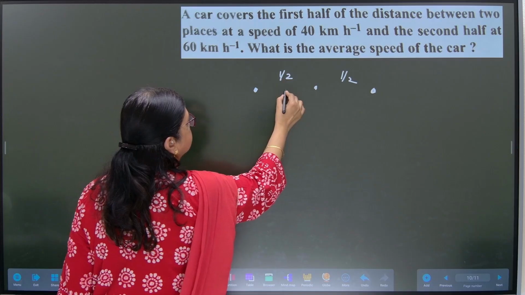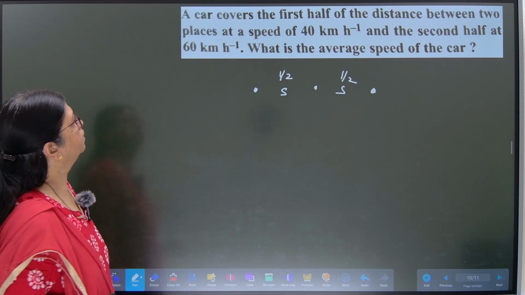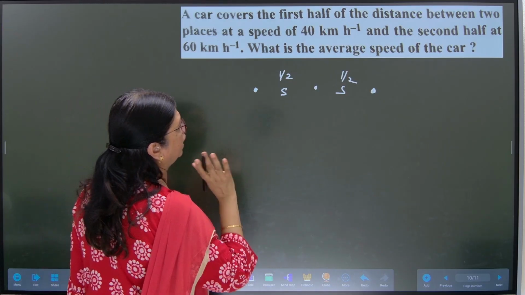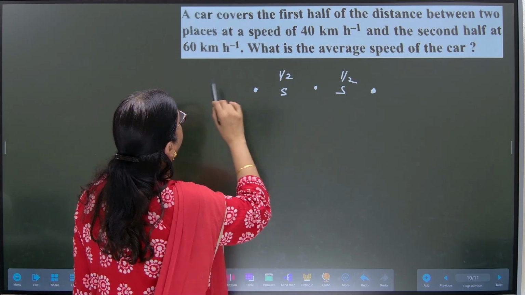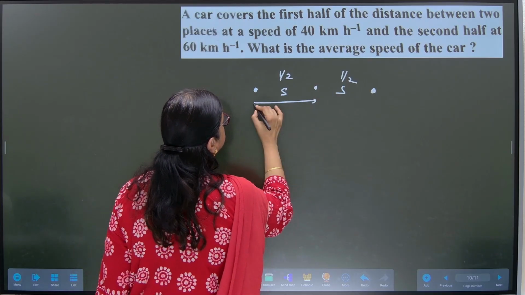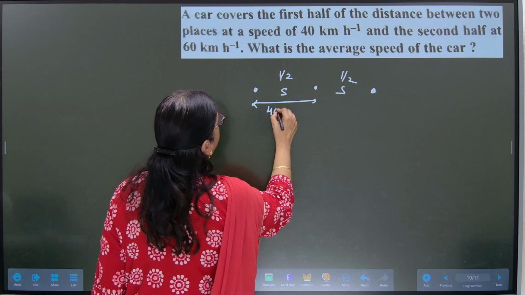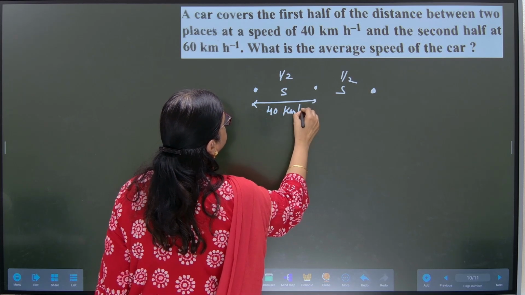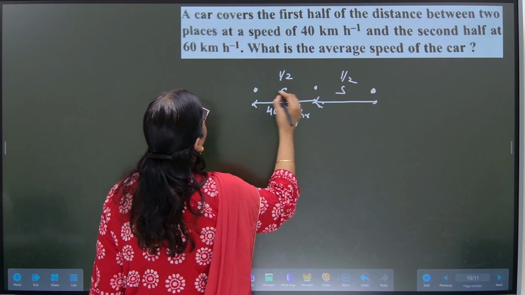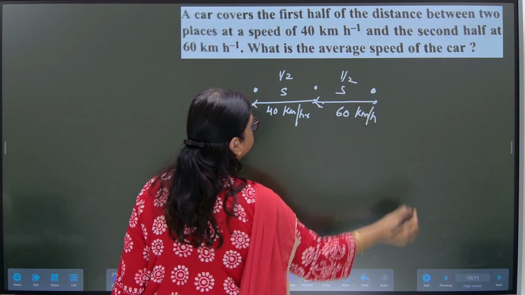The distances are the same here, S and S, both are the same, and the second half at 60 kilometers per hour. In this much distance the speed was 40 kilometers per hour, and in this much distance, next half, the speed was 60 kilometers per hour.